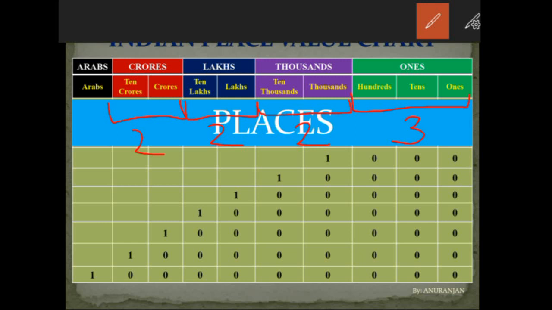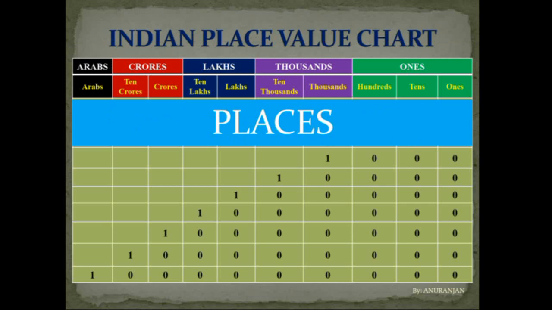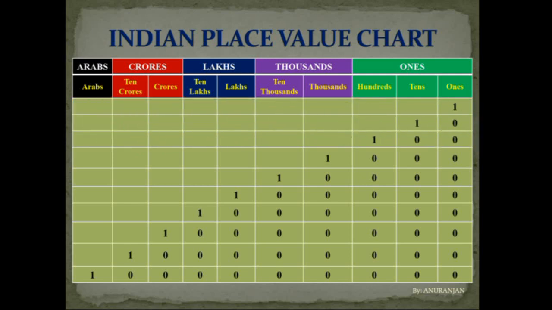Now remember this. It will help you in the differentiation between the international place value chart and Indian place value chart. Alright. Now let's understand the values assigned for each of the places.